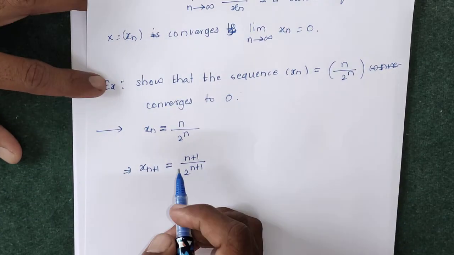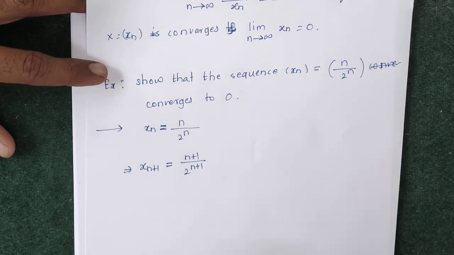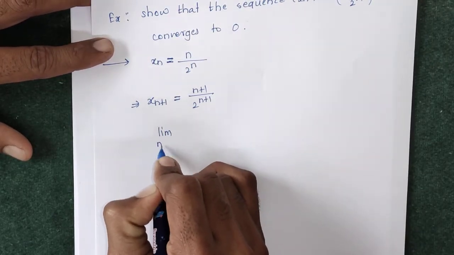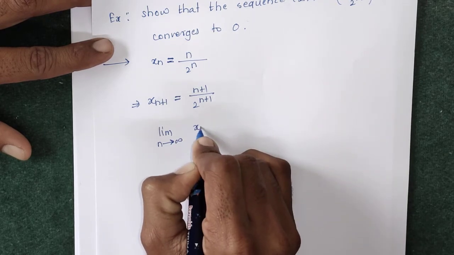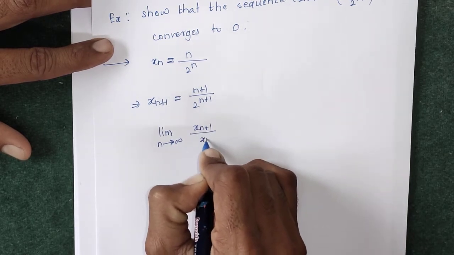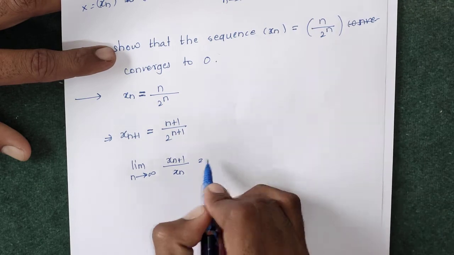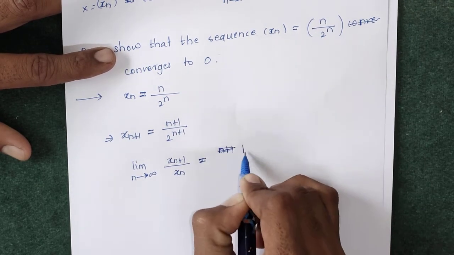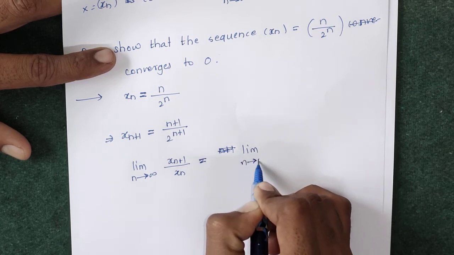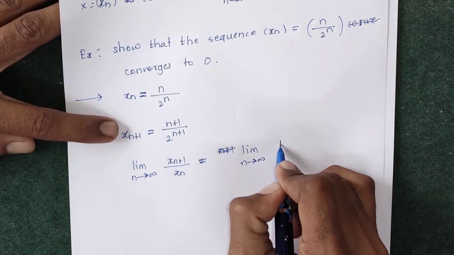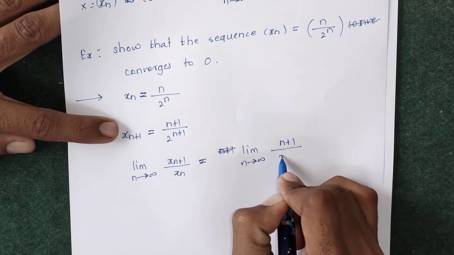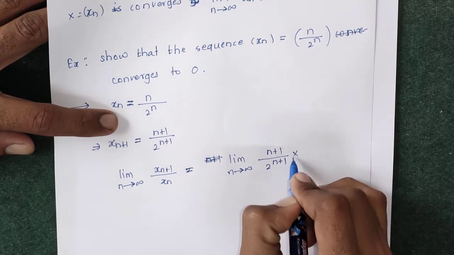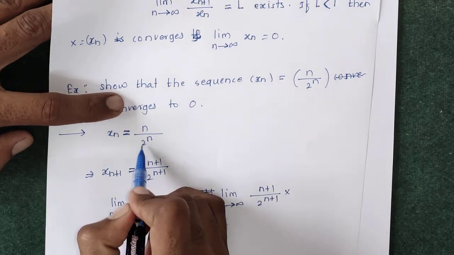Now here, first of all we will take the ratio, that is, the limit as n tends to infinity of xn+1 upon xn. So here xn+1 is n+1 upon 2 raised to n+1, divided by xn, and xn is n upon 2 raised to n.